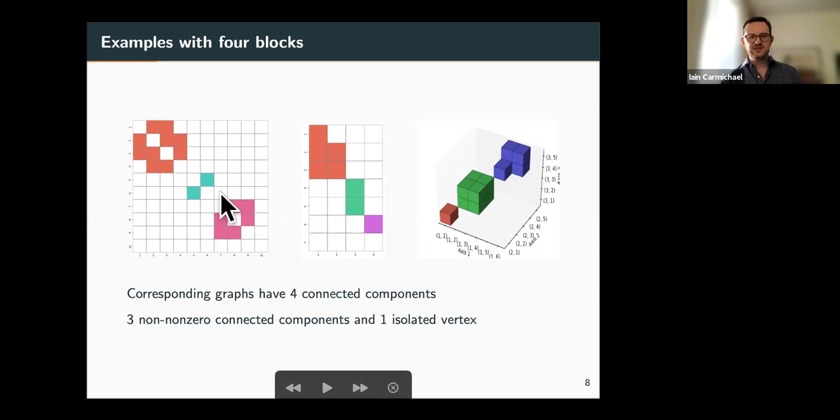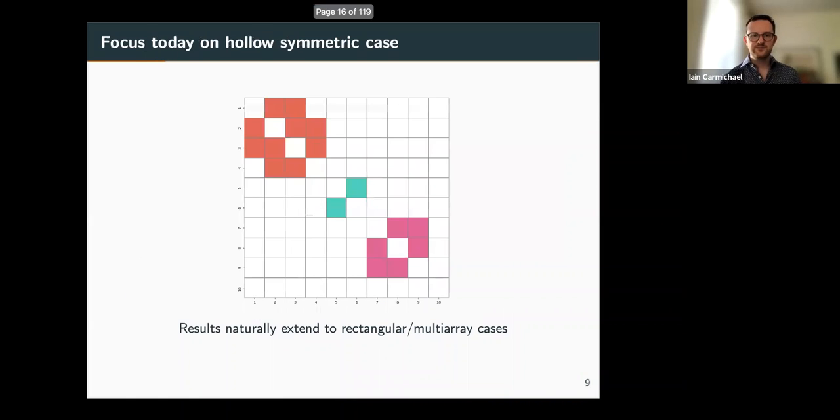So this has 3 non-trivial or non-zero blocks, and then a 4th isolated vertex, or a 4th row of zeros or columns. But we're going to call that 4 blocks for our purposes today. And for the rest of the talk, we're really going to focus on hollow symmetric matrices. But as I mentioned, all of our methods will extend naturally to the rectangular multi-array case.